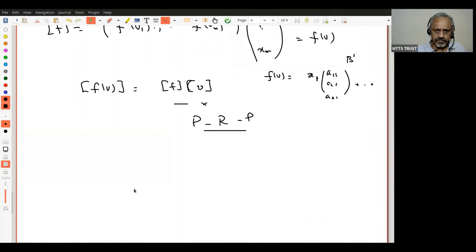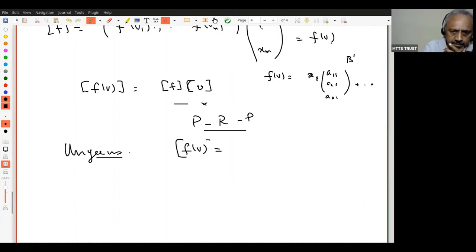Okay. And why is it unique? Now I have to check uniqueness, right? Suppose I have f of v, this column vector, equal to some B of v, right? Then take v equal to vi. Then what will this be? This will be f of vi, right?